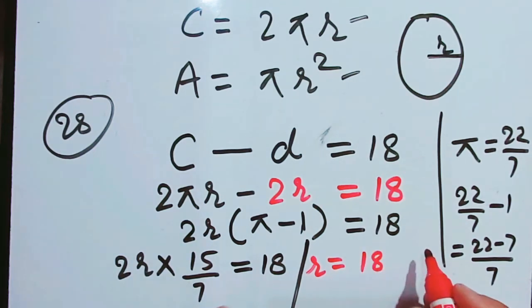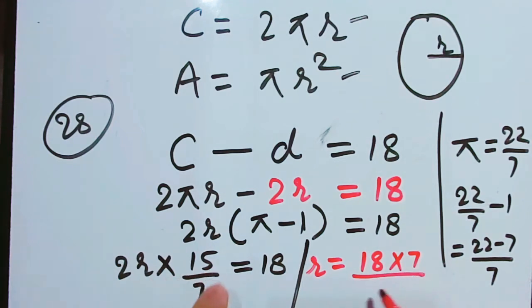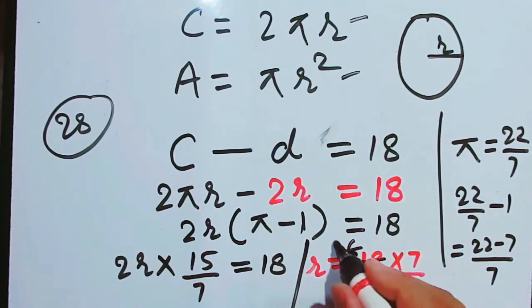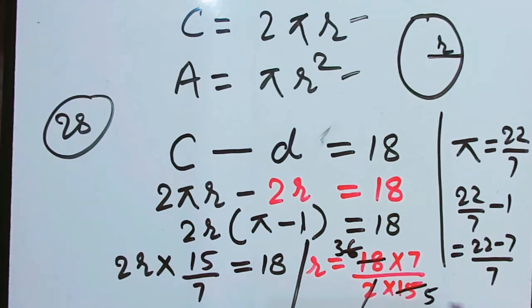18 multiplied by 7 divided by 2 into 15. When you solve, naturally you will get a value. 3 fives are 15, 3 sixes are 18, so 7 threes are 21 by 5.